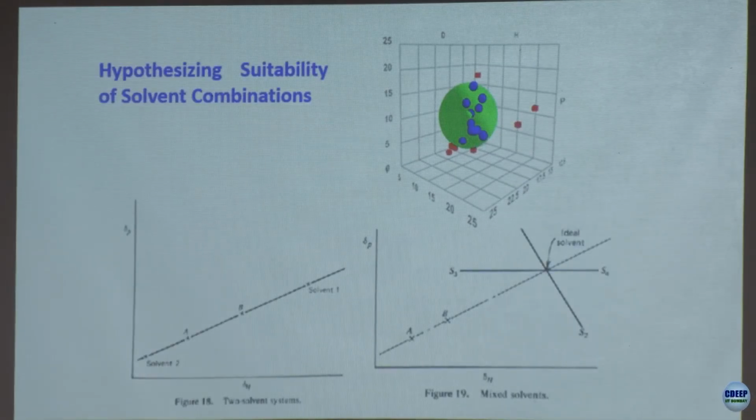We also make use of the polar positions of various solvents in this diagram for designing new solvent combinations. Consider, for example, you have a mixture of A and B and you want to separate them from each other.